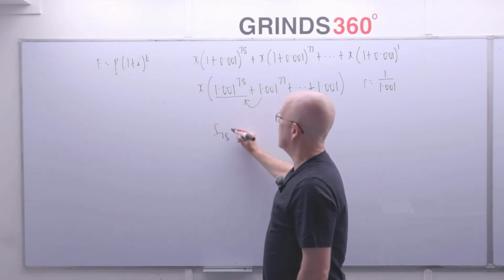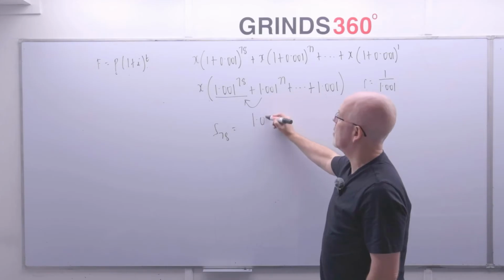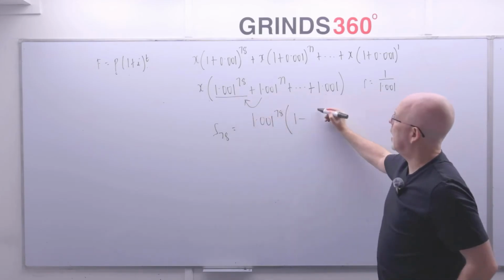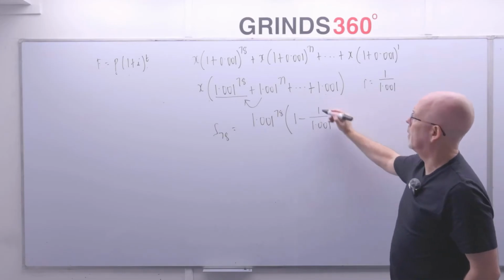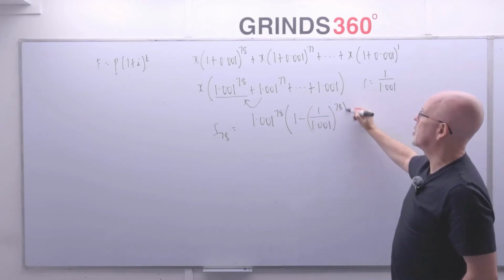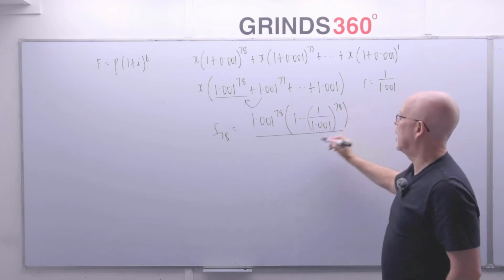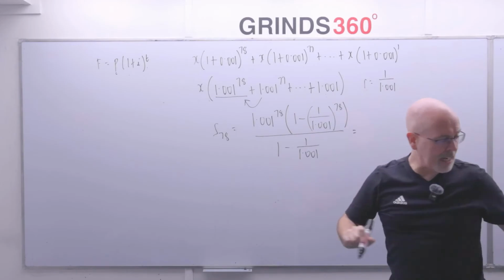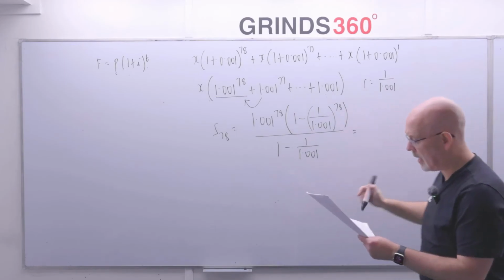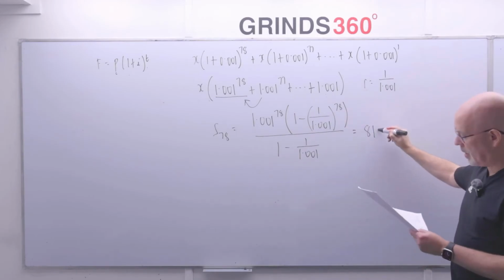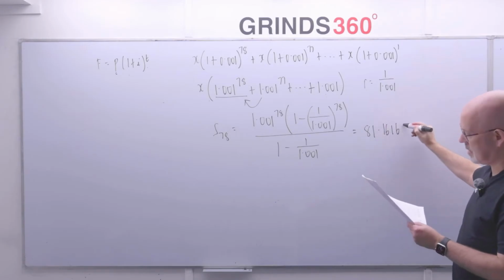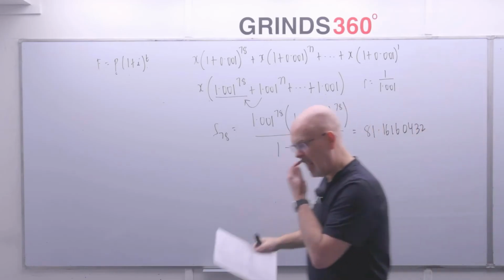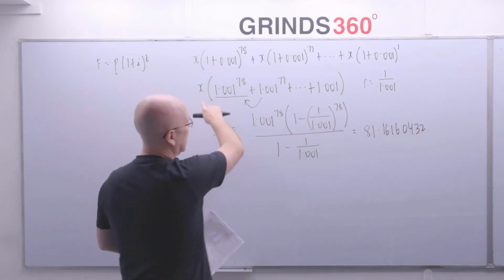So the sum of those 78 payments is a, which is 1.001 to the power of 78, times 1 minus r to the power of n, power of 78, all over 1 minus r. And if you put that into your calculator, you get 81.16160432. That's what that list of numbers inside the brackets adds up to.